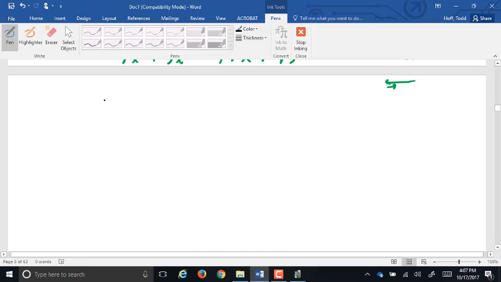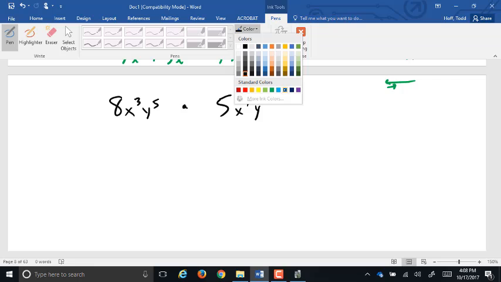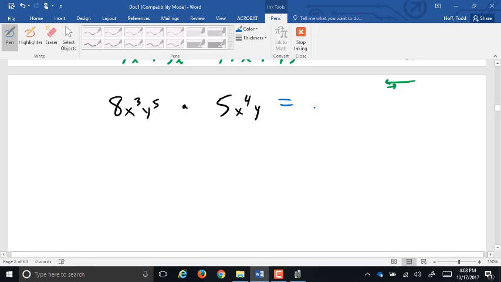We've done several of these types of problems. When we multiply, we combine the counts. 8 times 5 is 40.